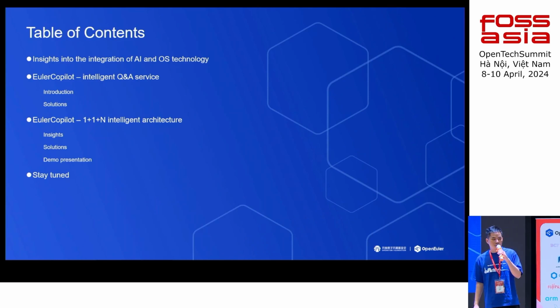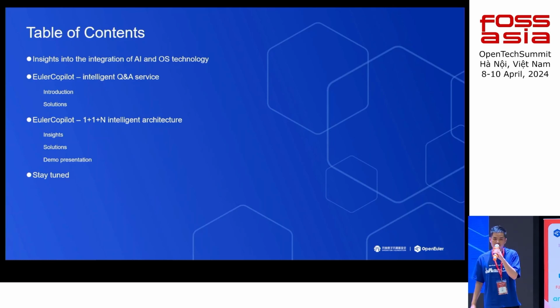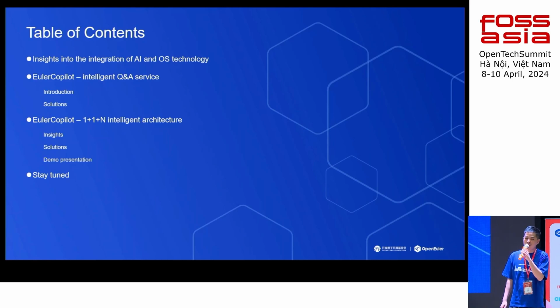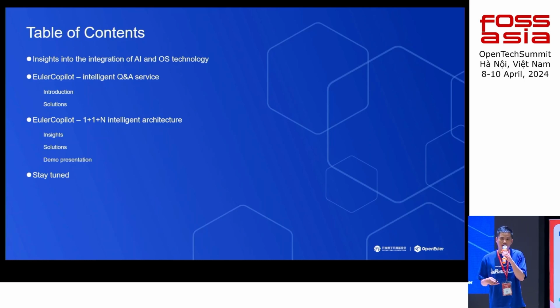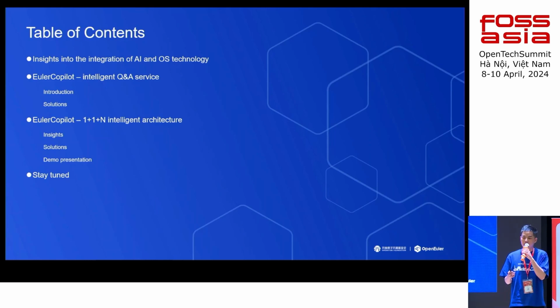In the next 25 minutes or so, we will first have an insight into the integration of AI and OS technology. As you know, openEuler is an OS, so we research how to let AI technology integrate with OS technology.